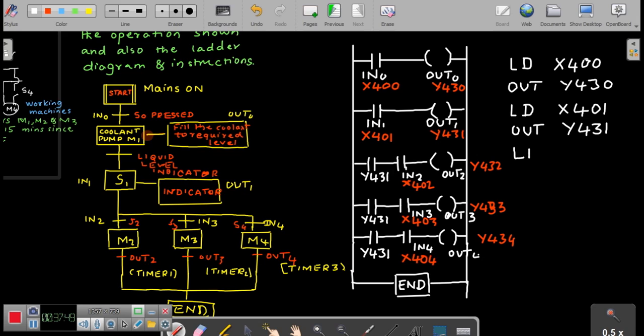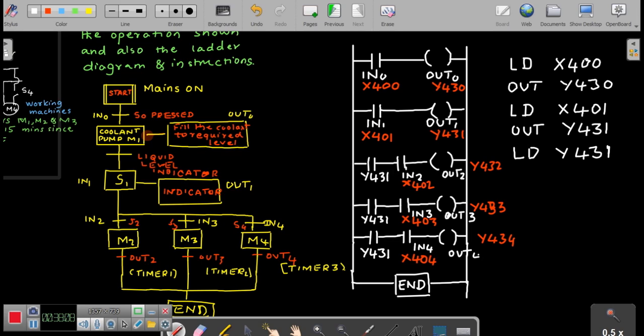Now LD Y431. Please note here, the input switch happens to be as a result of output Y431.